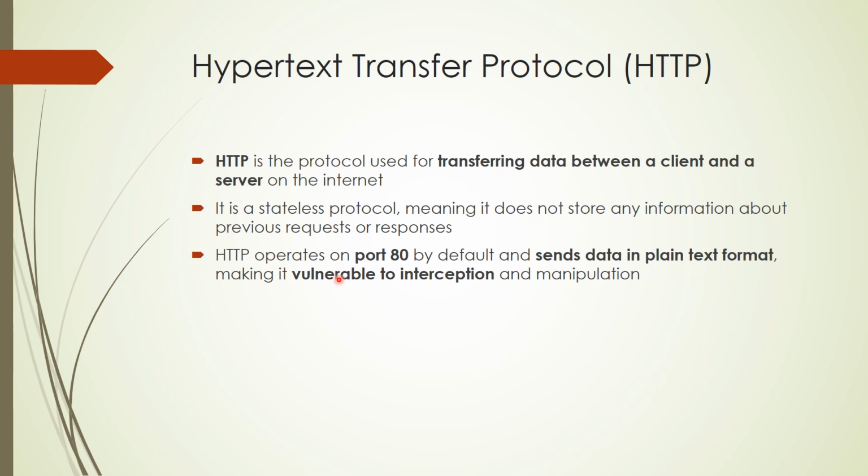HTTP uses port number 80 by default and sends data in plain text format, making it vulnerable to interception and manipulation. So this is the drawback of HTTP as well. It means it is easy to crack and manipulate.